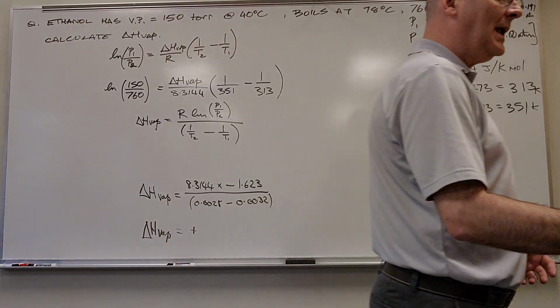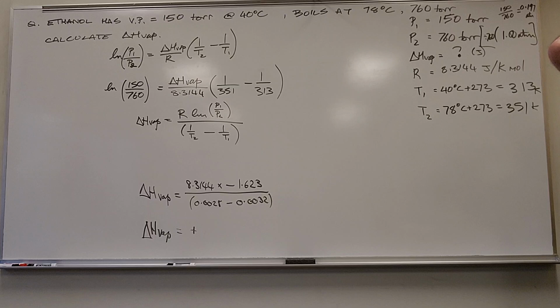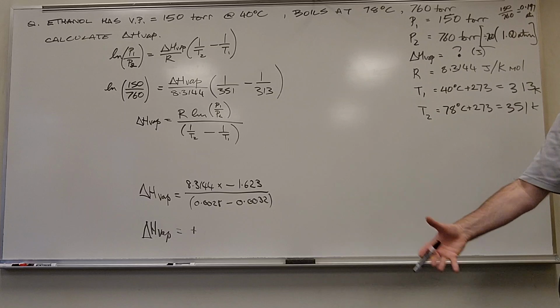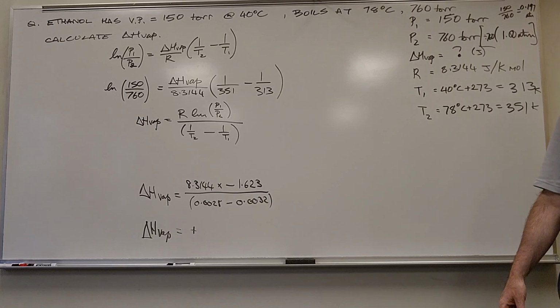And my value for the enthalpy of vaporization is going to be a positive number. Now, enthalpies can be negative, but are we expecting the enthalpy of boiling to be a negative number? No. We're expecting to put energy in the form of heat, and for it to undergo a phase change and turn from being a liquid to being a gas.